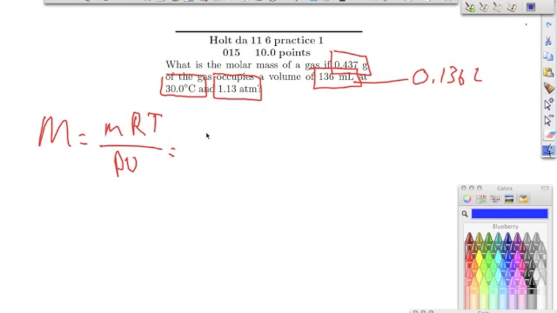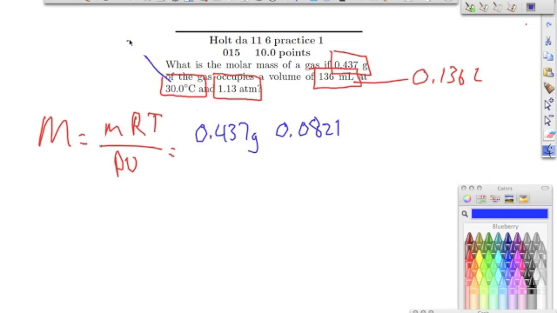Okay, so making sure that we have all the correct units, we can go ahead and plug everything in. So we have 0.437 grams times our ideal gas law constant, and you can find the ideal gas law constant on your formula chart. It's labeled as R. Times our temperature.